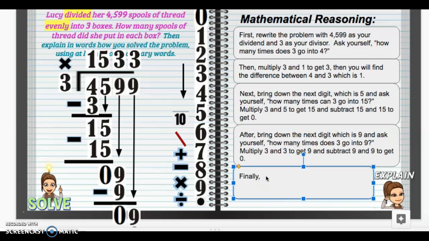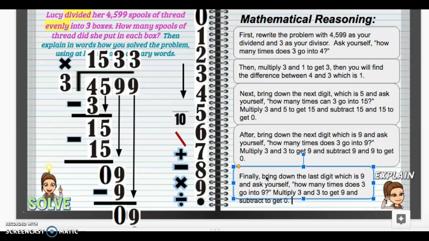Finally, bring down the last digit, which is 9, and ask yourself, how many times does 3 go into 9? Multiply 3 and 3 to get 9, and subtract to get 0.